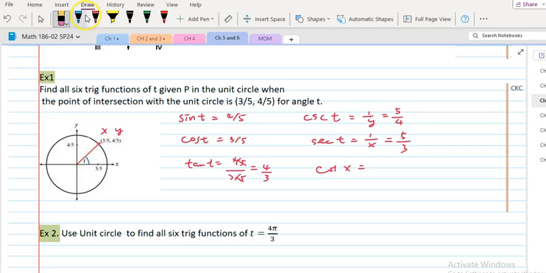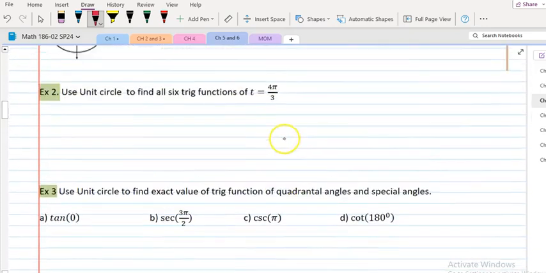It's the reciprocal of tangent. And also this is not x, it's t. Gosh. So the input is always an angle. The input is not an x value. Whatever angle you have, that is x over y. Our x is 3 over 5, and our y is 4 over 5. That is equal to 3 over 4. You can also look at it that these two are reciprocals of each other.